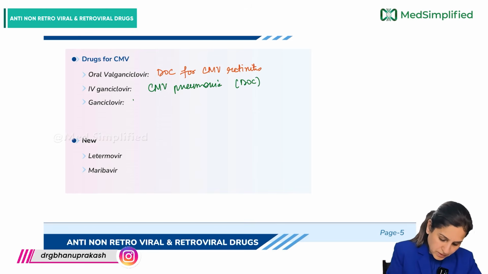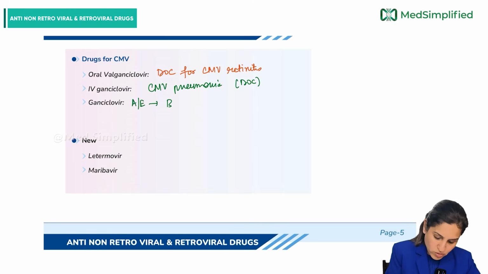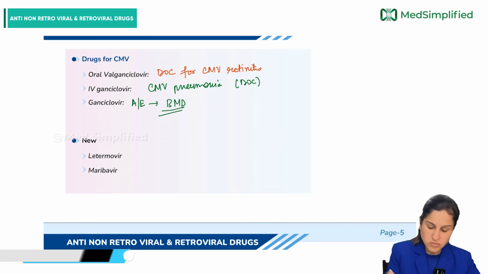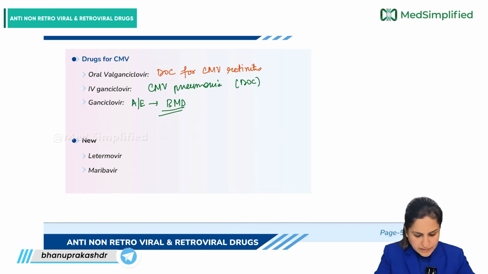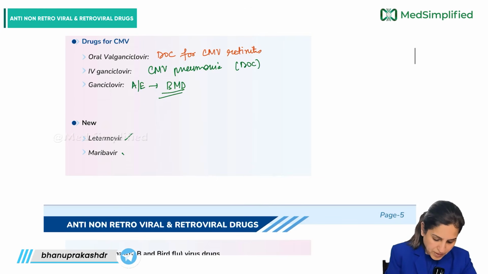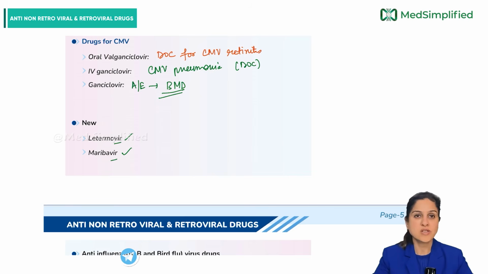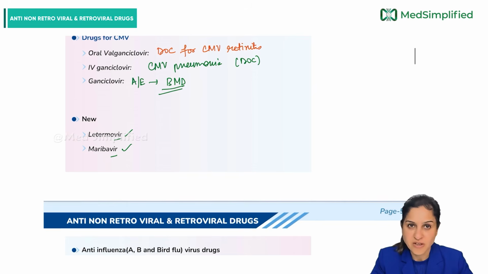Ganciclovir, remember the important adverse effect, which is bone marrow depression. So we have to take that into account. Then we have some newer drugs also for this: letermovir and maribavir.